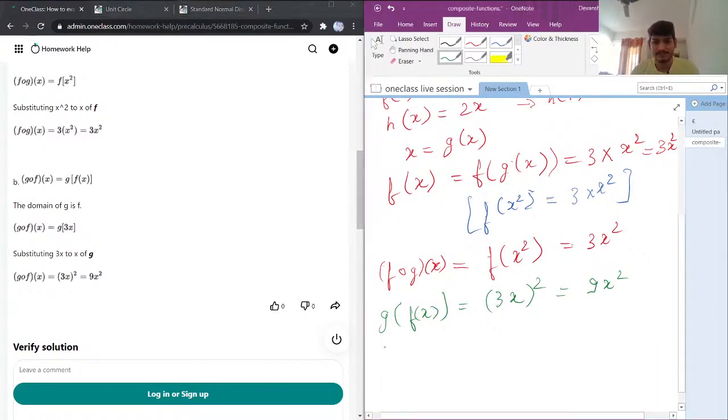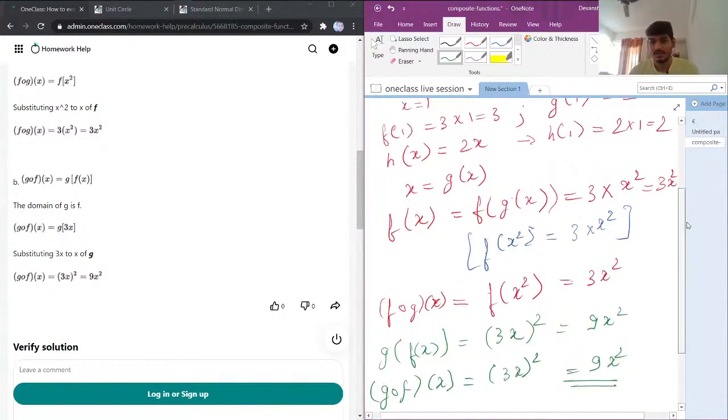So as I told, for this fog of x, here I used to say this as gof of x. It's your choice if you want to say it as gof or fog. You can also say this as g of f of x. So this is basically what the senior tutor or junior tutor has written, 3x square, which is 9x square.